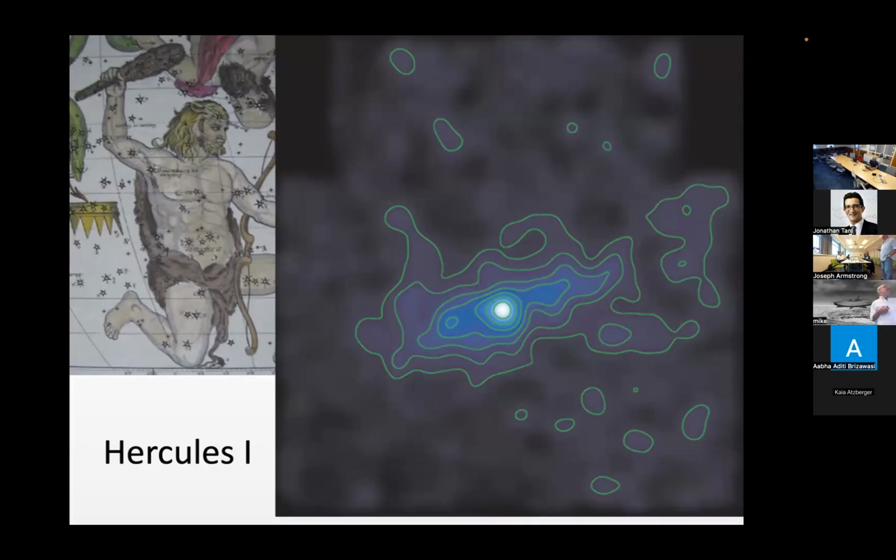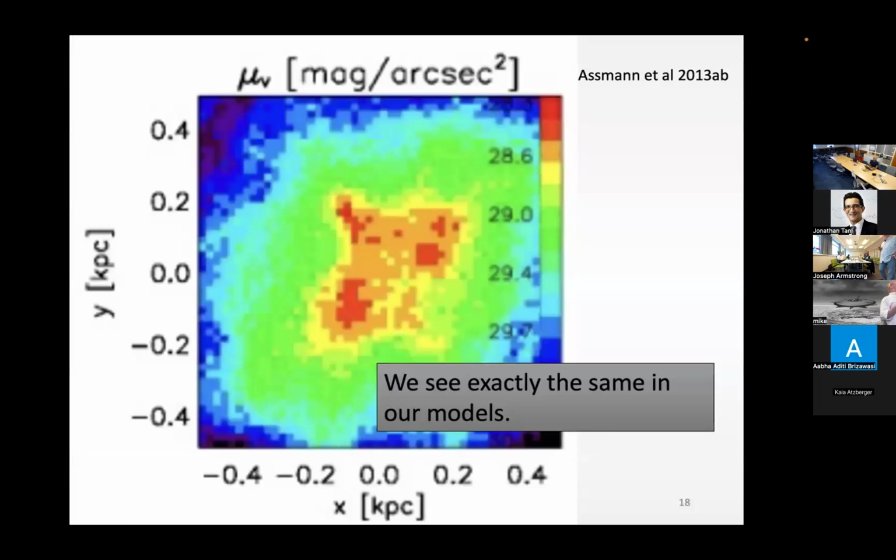But if you believe it's real, this is, for example, the contour map of one of our objects. And I like psychedelic colors, so please bear with me. You see there are different density peaks. We have contours which are not ellipses.